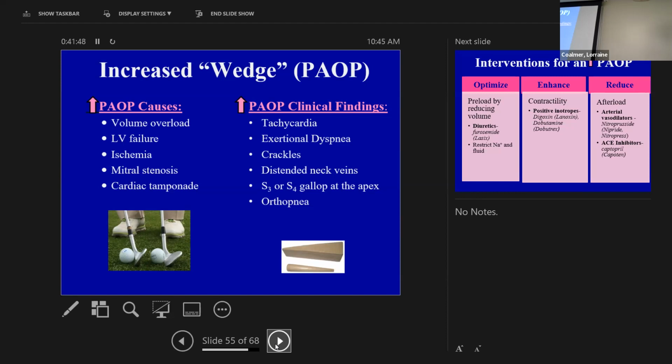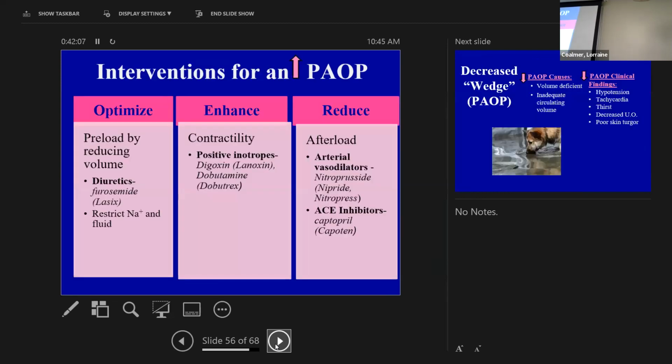Diuretic, right? Same thing with the CVP. CVP is high, wedge high, right? They're both preload. One is just on the right side of the heart, one is just on the left side of the heart. They're both the same concept, preload. Make sense?